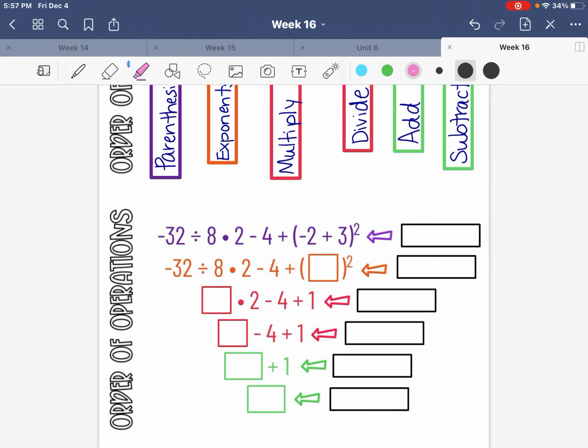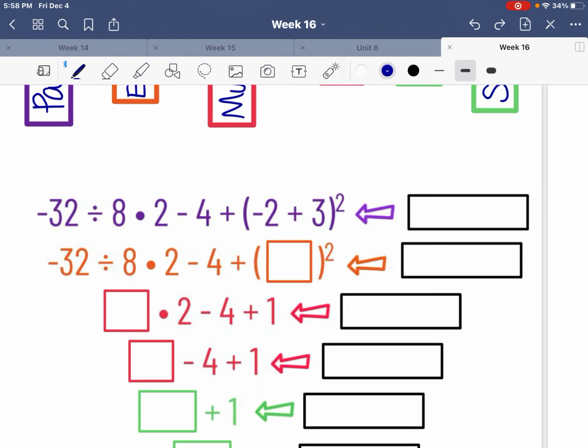Okay, so let's do this example together. If you look at this problem, it's negative 32 divided by 8 times 2 minus 4 plus parentheses negative 2 plus 3 parentheses exponent of 2. If I look at this, I know automatically that my first step is going to be to do what is in parentheses.